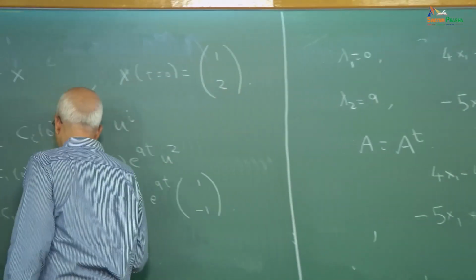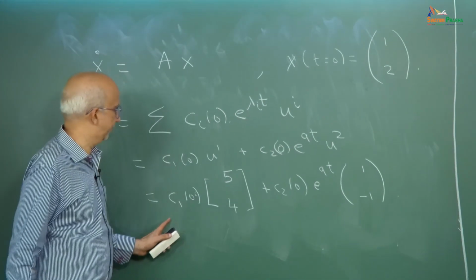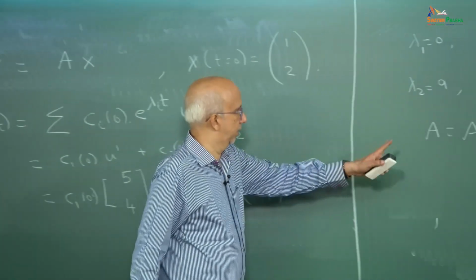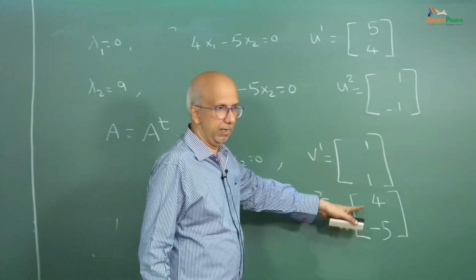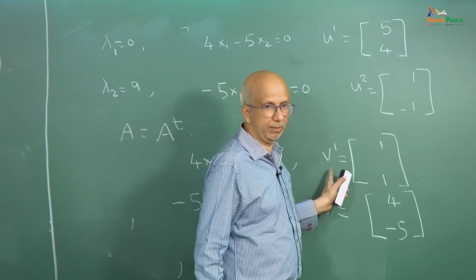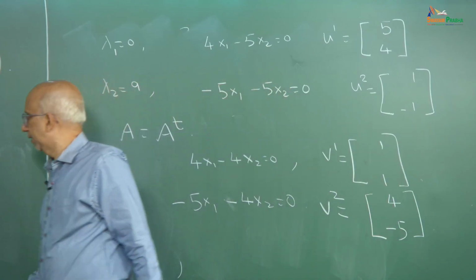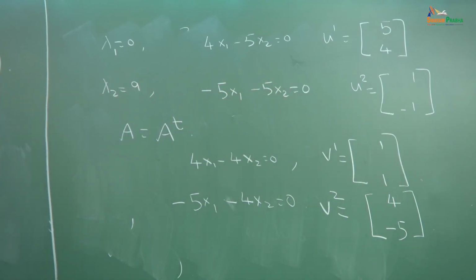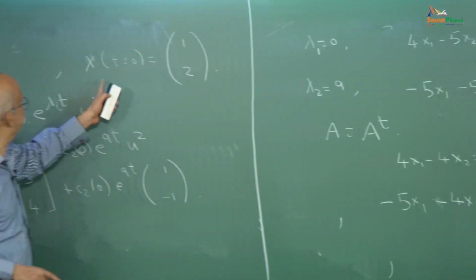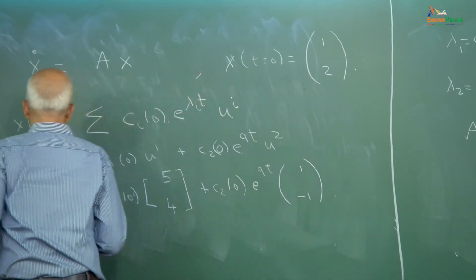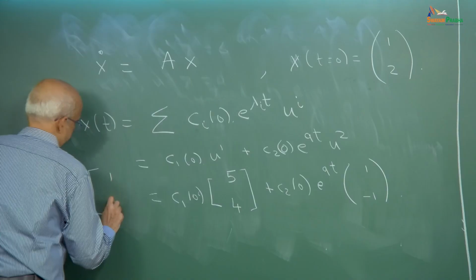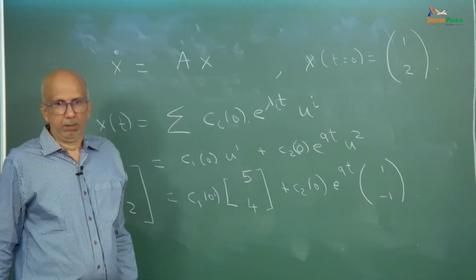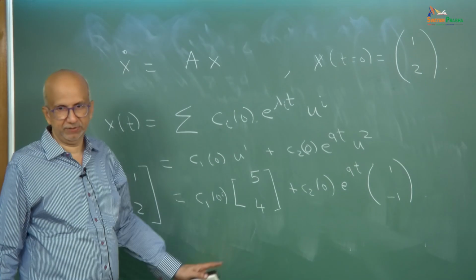I need to take the inner product of this with one of these guys, with V1. x of t at time t equal to 0 is 1 2. This has to be satisfied.